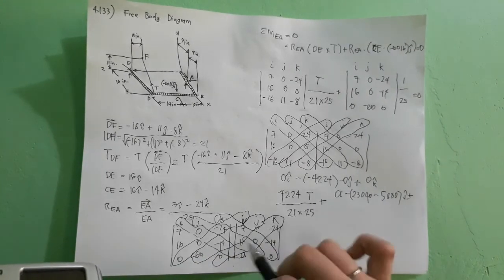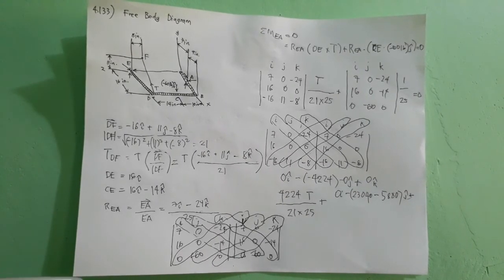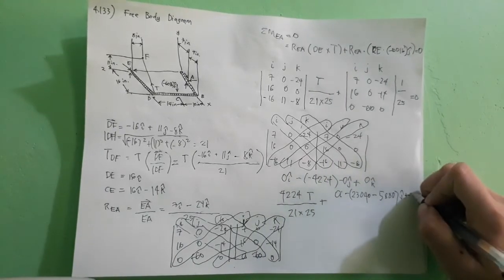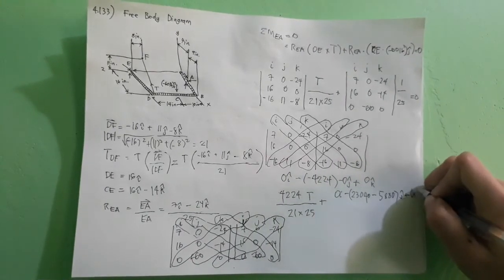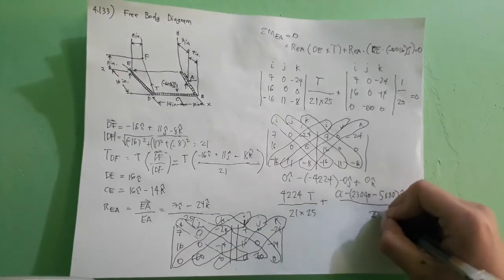Negative 24 times 0 is equal to 0. So 0 minus 0 is equal to 0k, over 25.